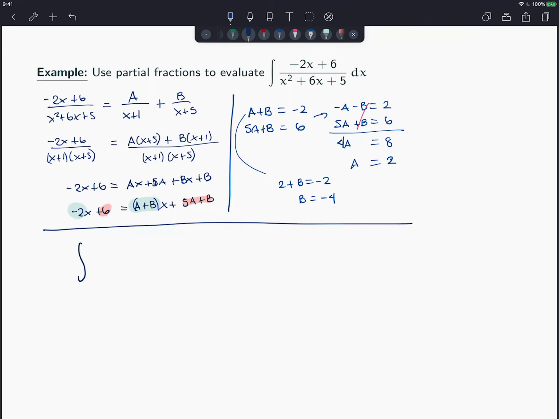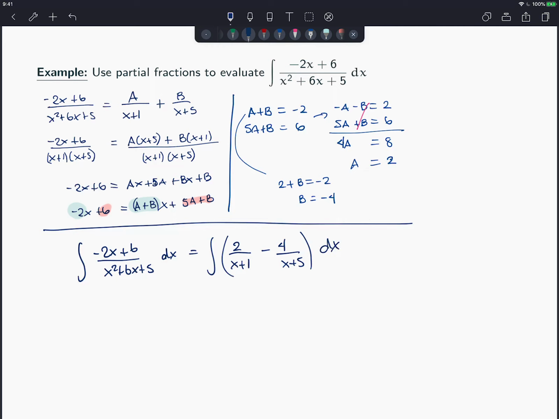So the integral I was asked to find, of negative 2x plus 6 over x squared plus 6x plus 5, can be rewritten as the integral of a, which was 2, over the denominator x plus 1, plus b, which is negative 4, over the denominator x plus 5.